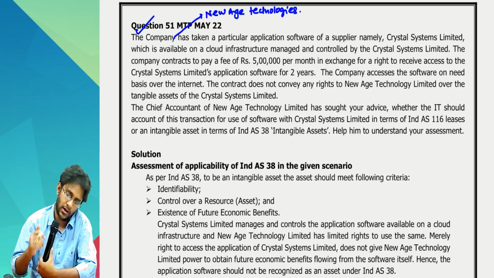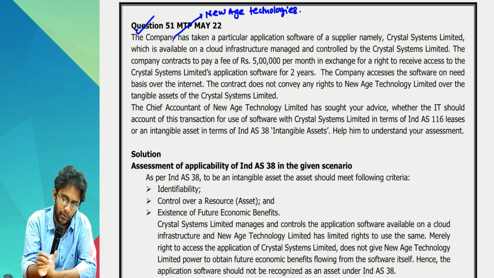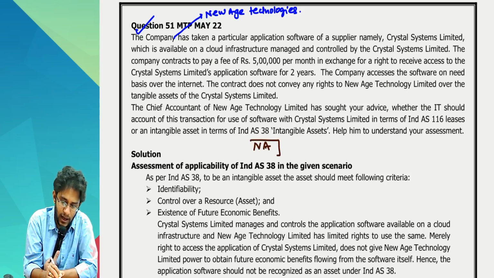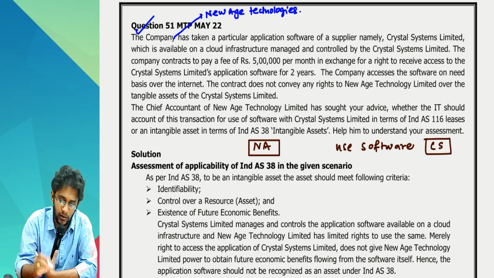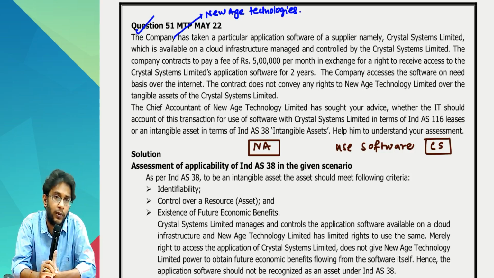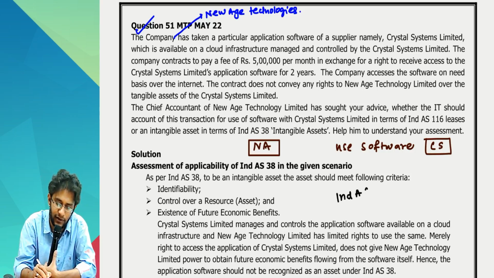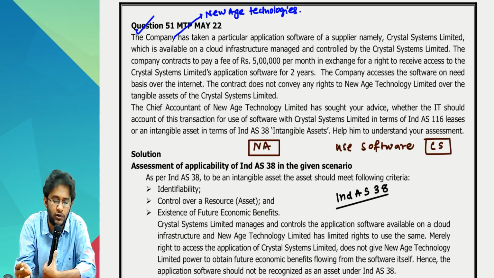See guys, our company New Age has contracted to use software which belongs to Crystal Systems Limited. This cannot come into the scope of Ind AS 38, because if it has to, there should be an identifiable asset, because the identifiability criterion is there in Ind AS 38 also.